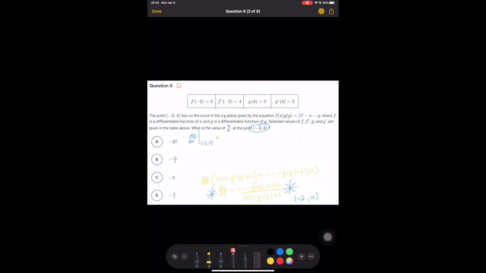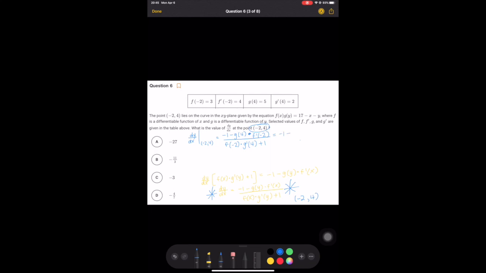So it'd be negative 1 minus g of, be careful here, g of y, that's g of 4, times f prime of x, that's f prime of negative 2. Notice we're going to get these values from the table up here. On the bottom, f of x, f of negative 2, times g prime of y, that's g prime of 4, plus 1. Alright, so let's see what these numbers are.